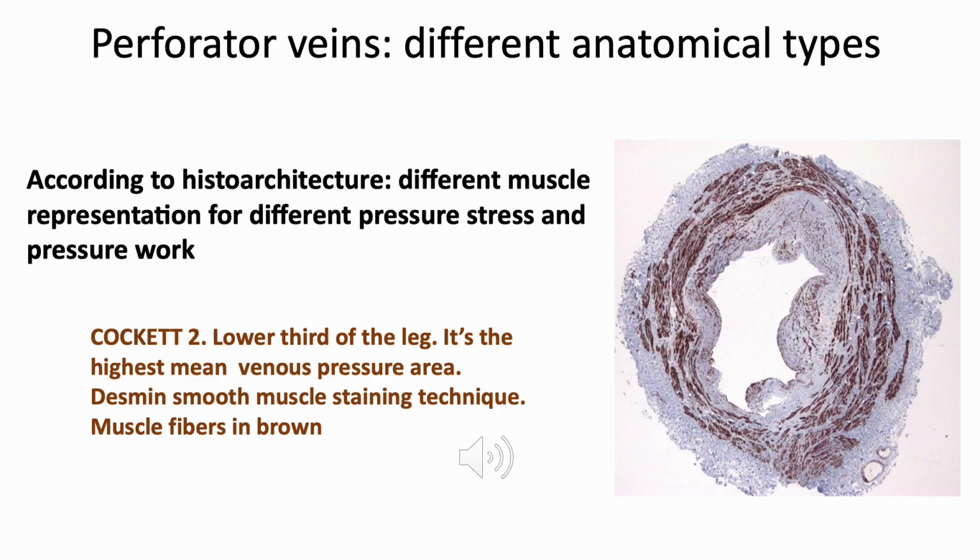Also, different anatomical types exist according to the histoarchitecture, considering the different muscle representation for different pressure stress and pressure work. This is an example of a perforator stained with Desmin muscle staining technique, and you can see a well-represented muscular layer.